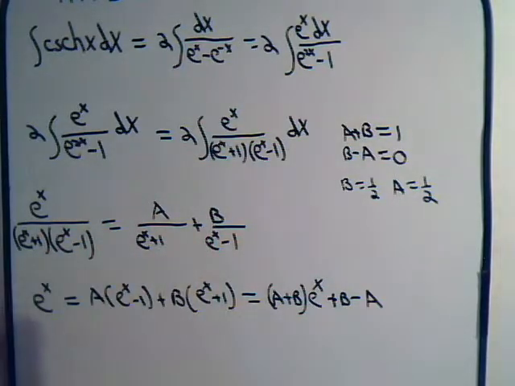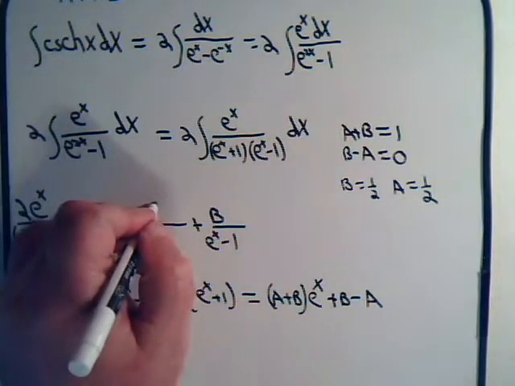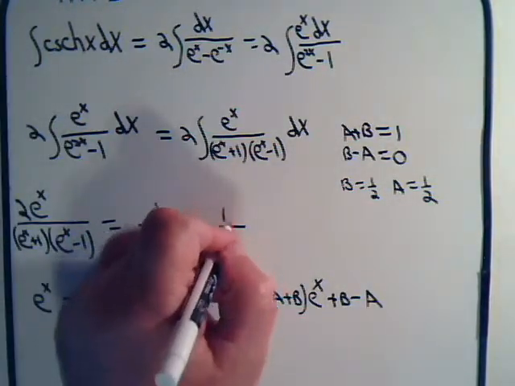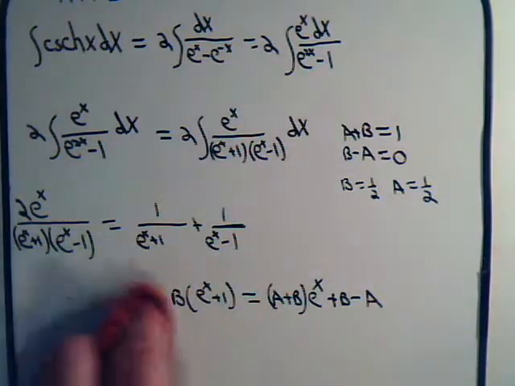But actually, this is being multiplied by 2. So if we multiply this by 2, a is 1, and multiplying this side of the equation by 2, this becomes 1. So let's see what we have now.